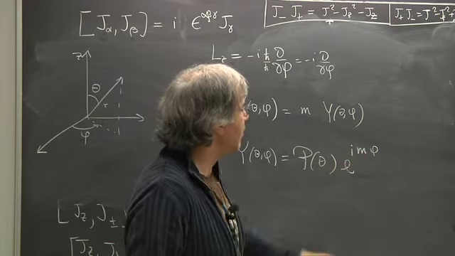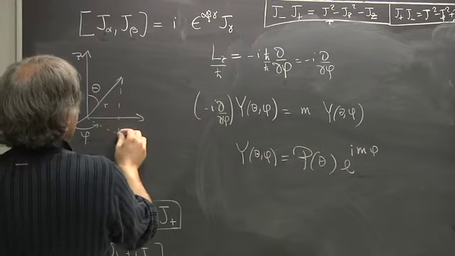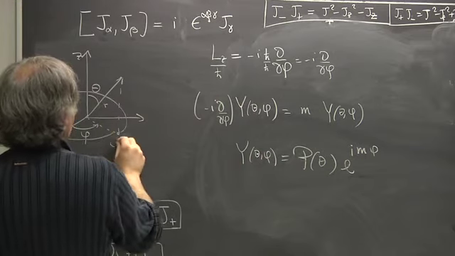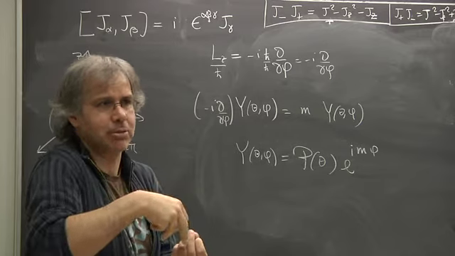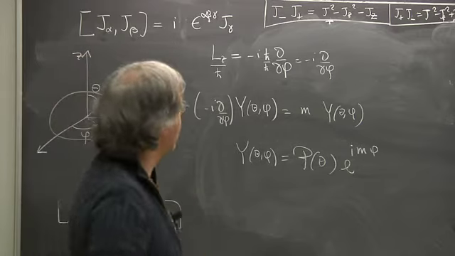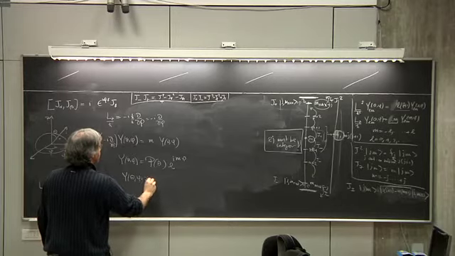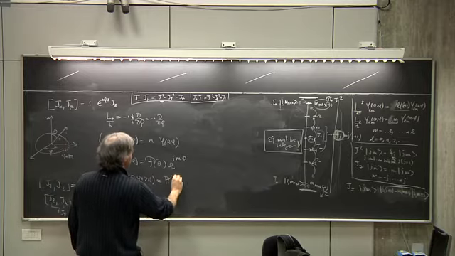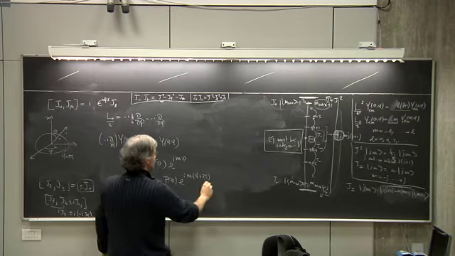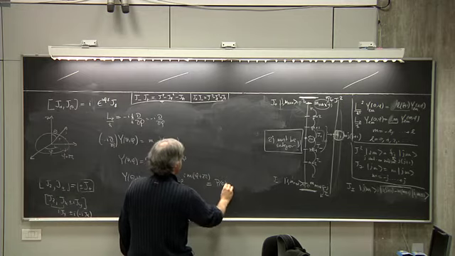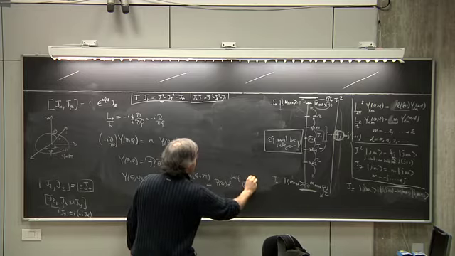But now you see, if you change phi and you add 2 pi to it, okay? So the same point here, I can regard it as phi plus 2 pi, it shouldn't change anything, right? Because 2 pi is just a full turn. But let us calculate the function at phi plus 2 pi. You have the same P of theta, e to the i m, phi plus 2 pi, which is equal to the old function, P of theta e to the i m phi, times e to the i m 2 pi.